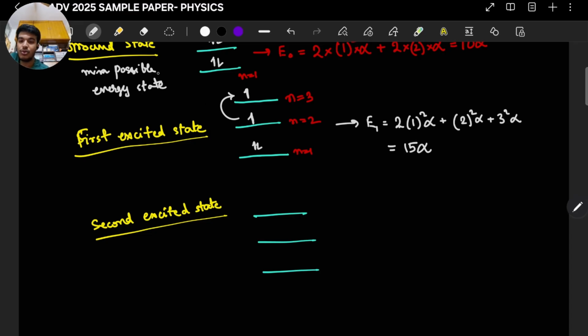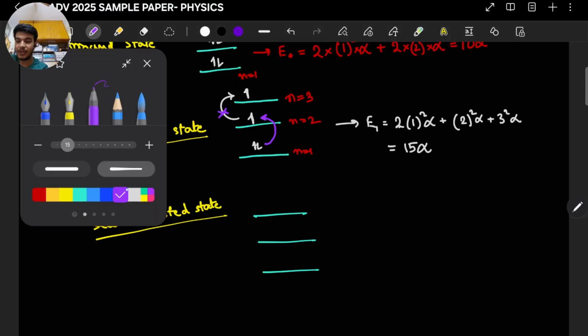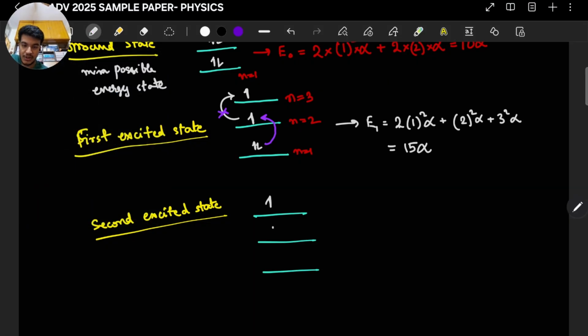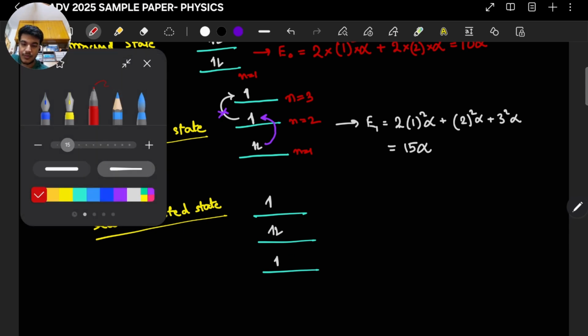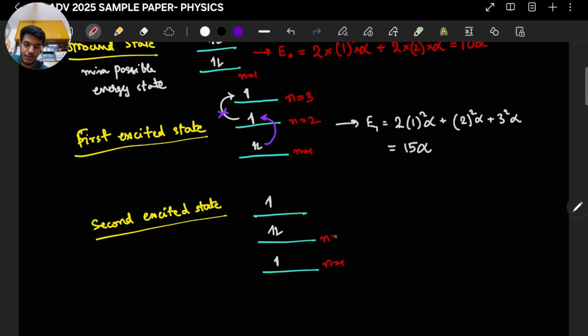But what you can essentially do is excite this electron to this state. That's possible. So my second excited state would be something like this: n equal to 1, n equal to 2, n equal to 3.